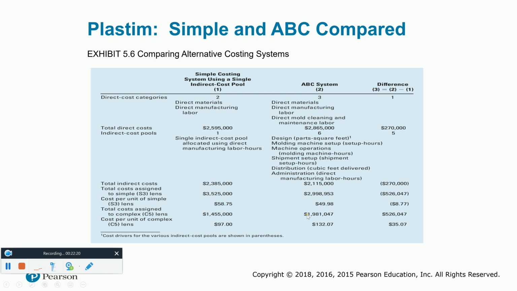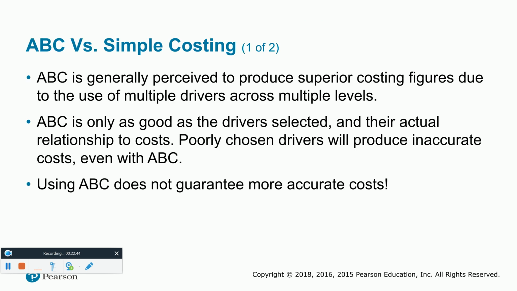These are problems. When we have an overcosting situation, our prices are going to be too high and our competitors are going to blow us away. And when our costs are undercosted, our prices might be too low and we might be actually losing money. So we need to be very careful with this.